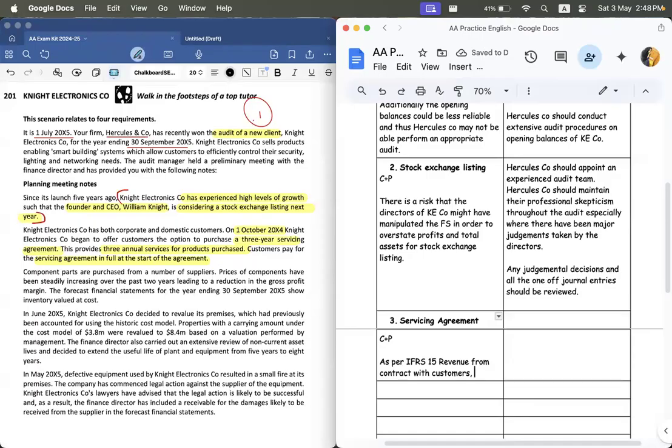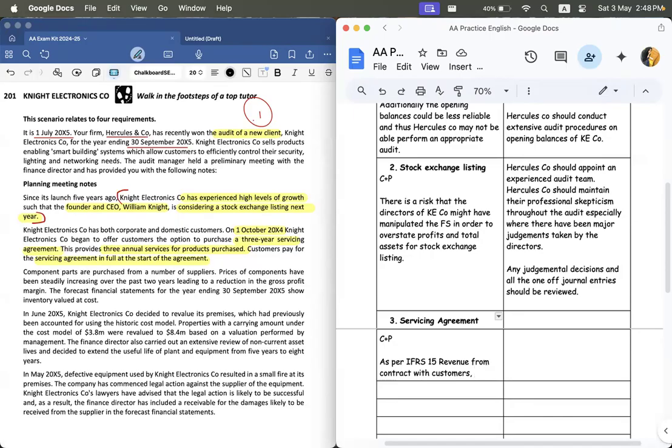So the revenue from the services should be recorded only for the period covered in the year. Only those revenues whose service is covered in the year, we can say that the performance obligation is met. Otherwise, it is not met.